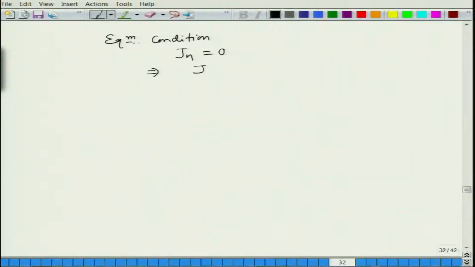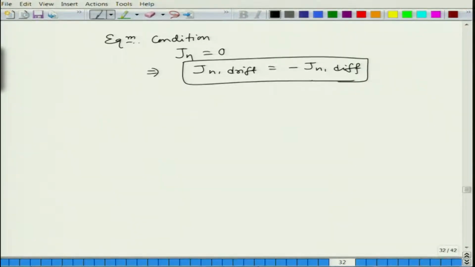So, that means Jn drift has to be equal to minus Jn diffusion, okay. And similarly holes will also should not have any effective motion or net motion. So, this will tell that Jp drift will be equal to minus Jp diffusion, okay.